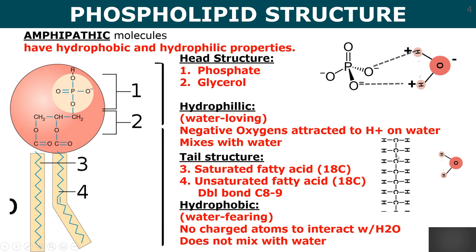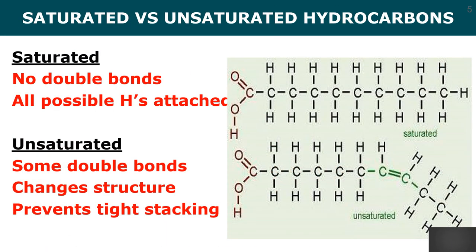These fatty acids are just a big chain of carbons with a bunch of hydrogens on it, and as you can see, there are no charges on the fatty acid to interact with the charges on the water. So basically no interaction occurs, and in fact the water prefers to form hydrogen bonds with itself, and it's going to cage those fatty acid molecules away from the water. So they don't mix. You ever hear that saying, oil and water? It's exactly what's occurring here.